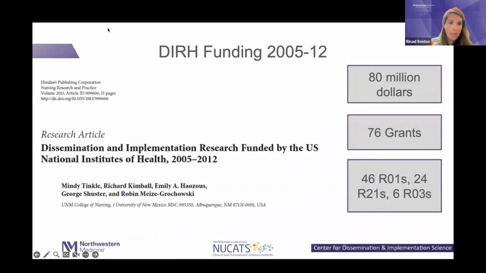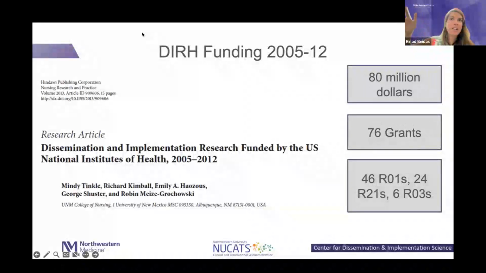This is an old paper, but it has not yet been repeated. I don't know if NIH is working on that now, or if that's something maybe somebody in this group wants to take on. But this covers dissemination and implementation research funded by NIH through the SIHH study section, but it used to be called DIRH, so it's a little bit confusing, from 2005 to 2012. In that period, 76 grants were awarded.